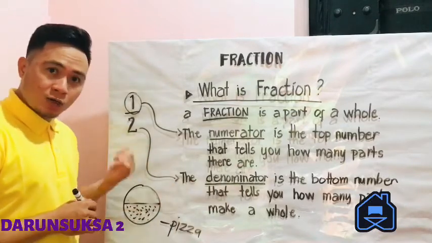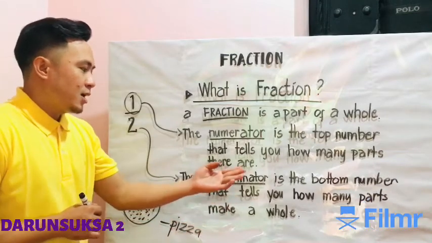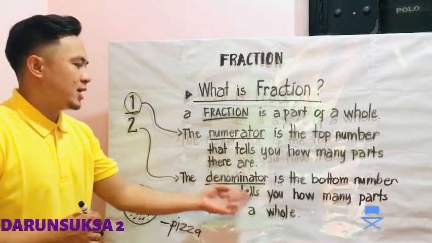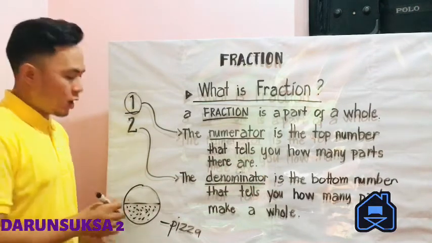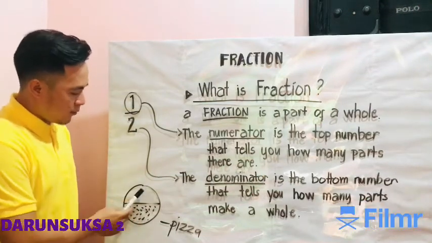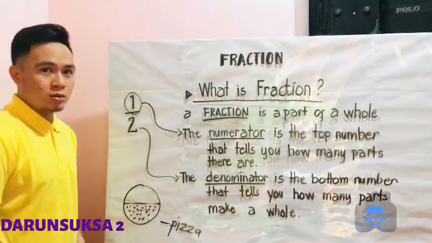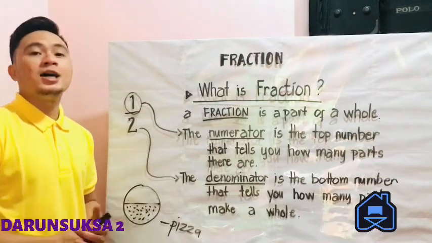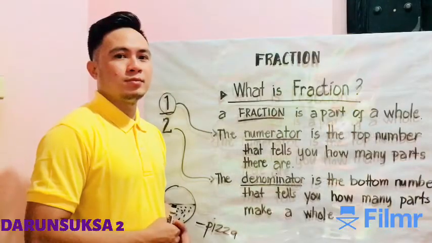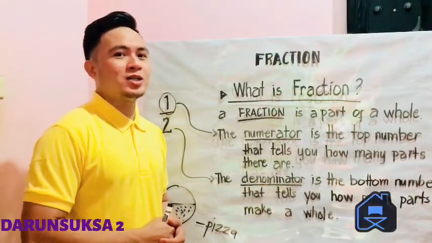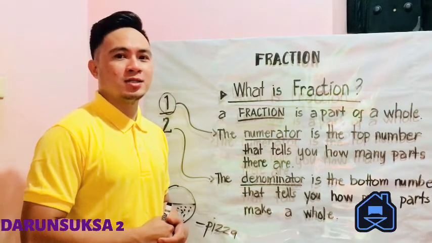And denominator is the number that tells you how many parts make a whole. So how many parts here? We have 1, 2. So 2 is the denominator. This time, I will show you a short video about fraction.